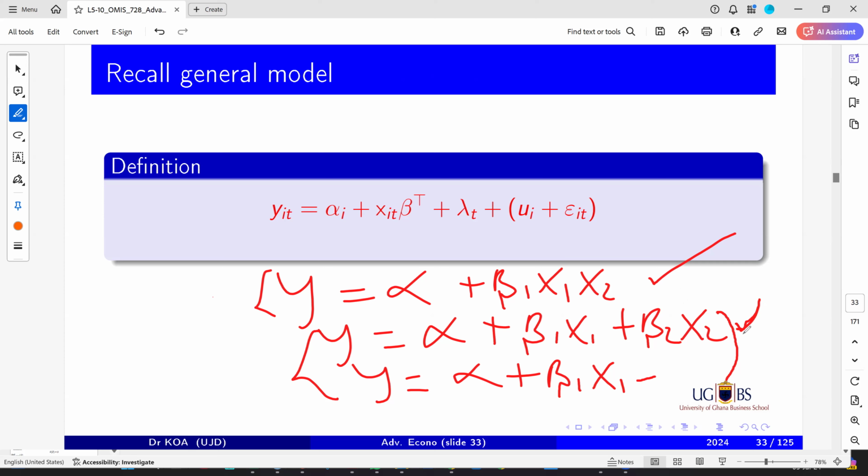What you are doing is mediating the effect of x1 with x2. You bring x2 back into the model and see whether including or excluding x2 makes any difference.